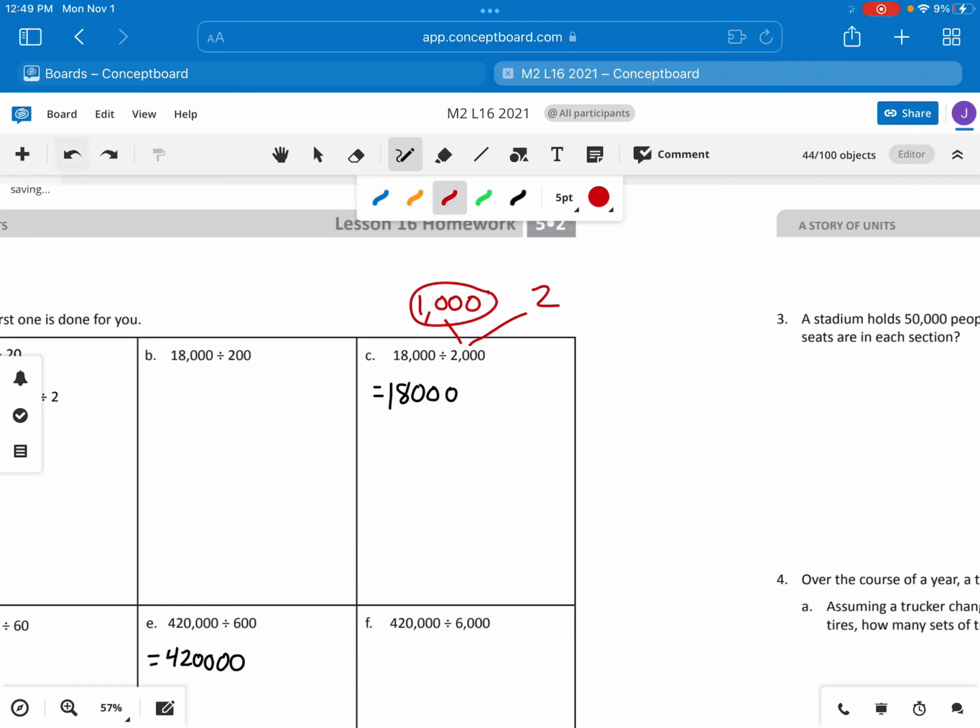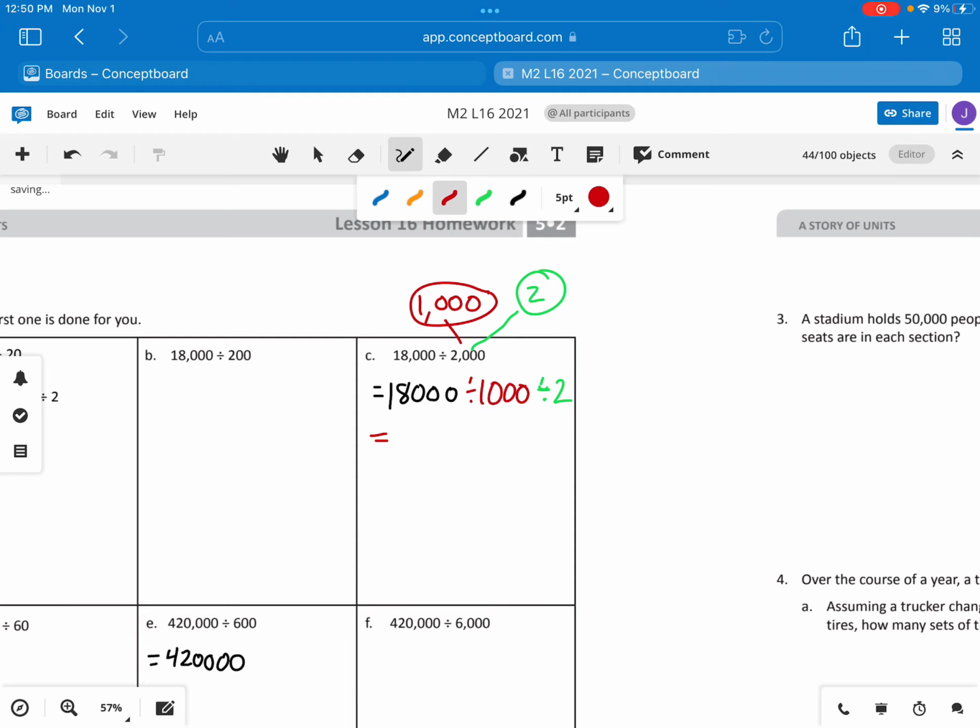So I am going to divide by 1,000 and then divide by 2. And I'm going to get my same answer because 1,000 times 2 is 2,000. So if I first divide by 1,000, then I can divide by 2 and I will be dividing by 2,000. All right, so here we go.